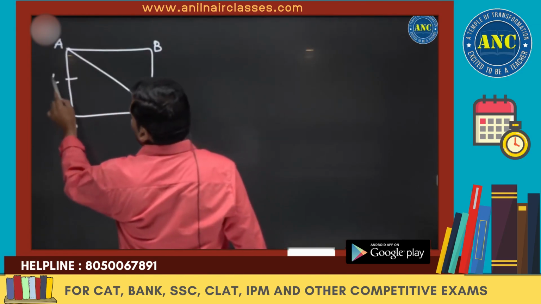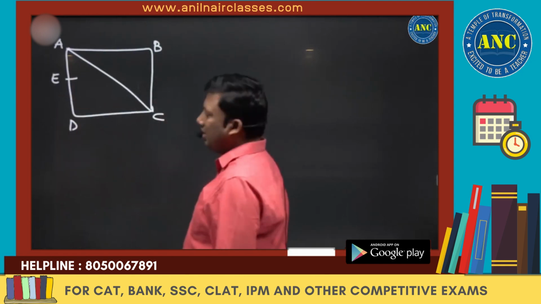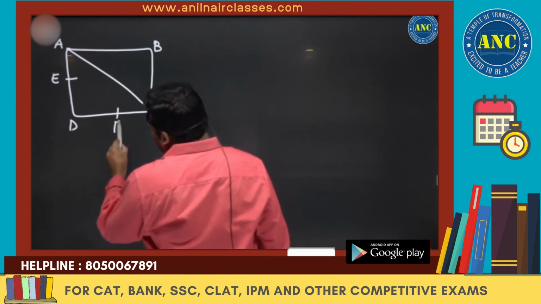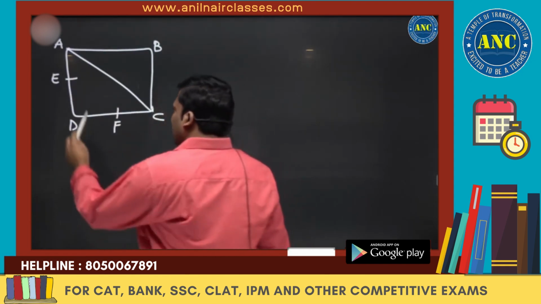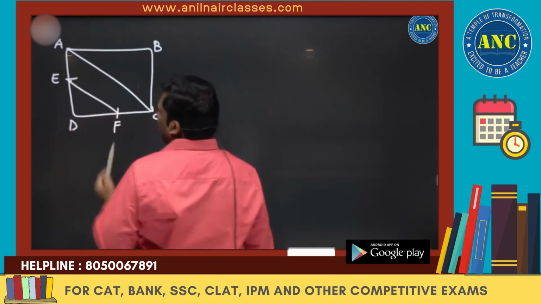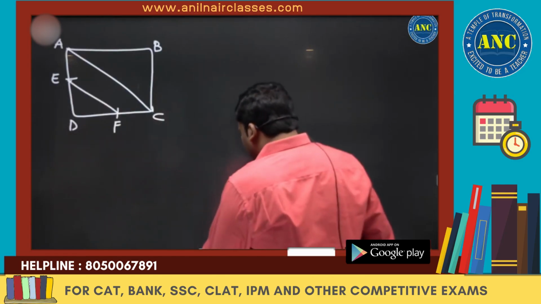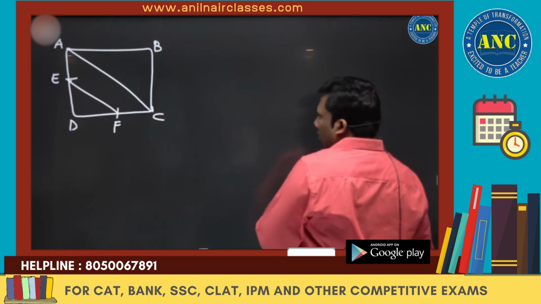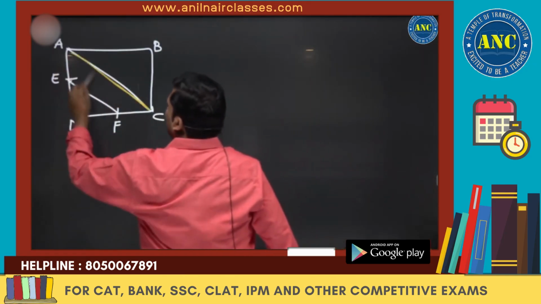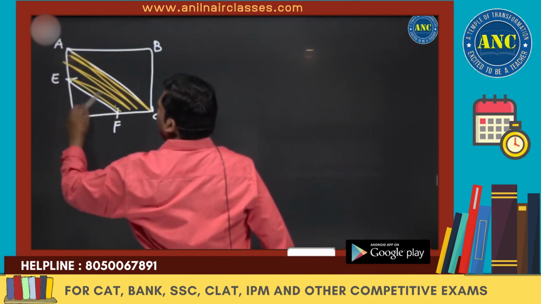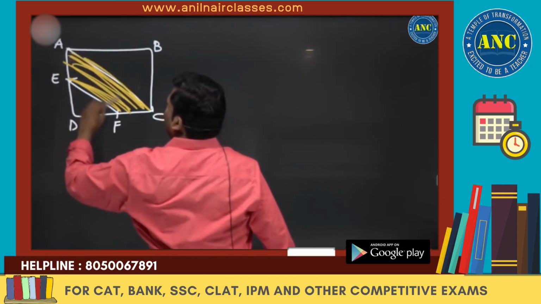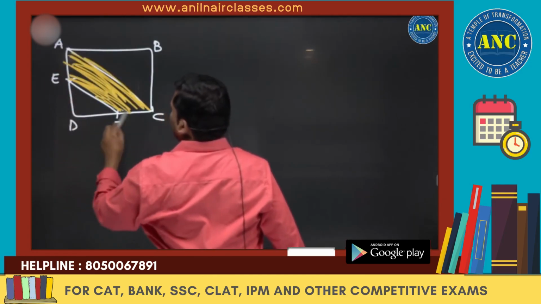Take the midpoint of AD, let me call it E. Take the midpoint of CD, let me call it F. Join the midpoints E and F. Now, I require the area of this shaded region.